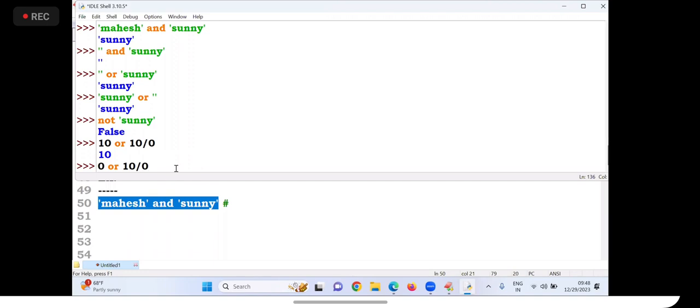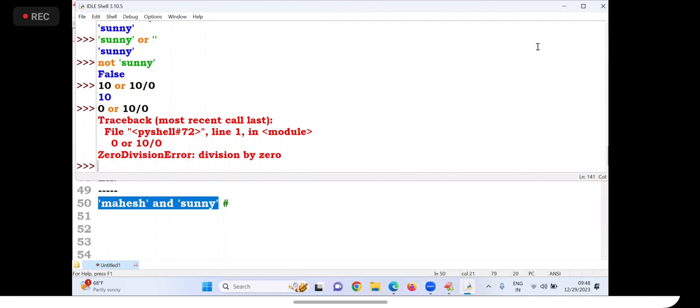Sir, actually here 0 or 10 by 0 means what is the one? Second one will be the output. So 10 by 0 means you will get zero division error. Generally in mathematics infinity comes, here we are getting zero division error. Main concept is the output is second value.